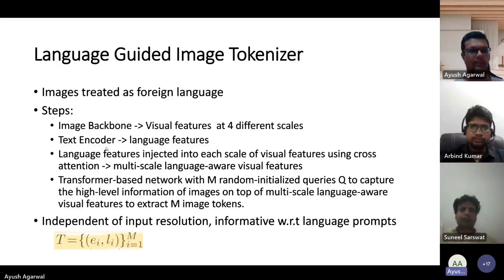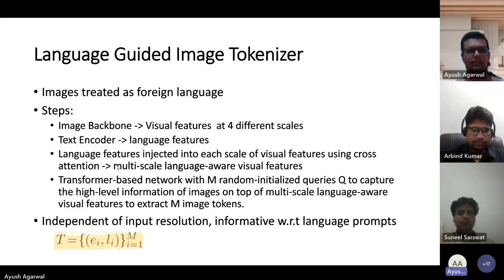Then after that comes a text encoder, which gives us the language features. This can be our classic BERT. These were parallel steps. Then using cross attention, the language features obtained here are injected into the visual features obtained here.